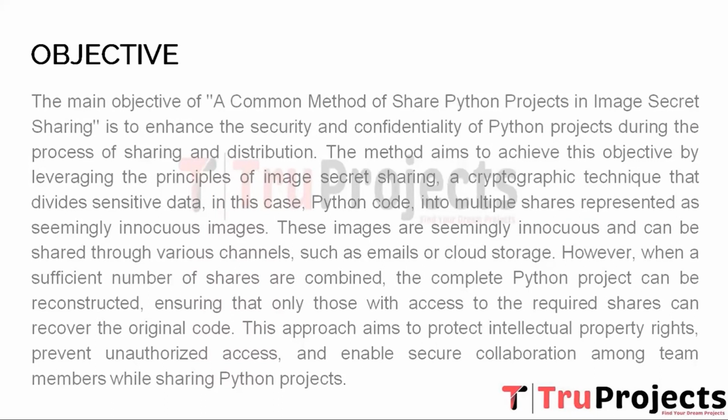Ease of implementation: striving for a method that is practical and easy to implement for developers. Robustness against attack: ensuring that the method remains resilient against various attacks, including brute force attempts to reconstruct the code using insufficient or incorrect shares.